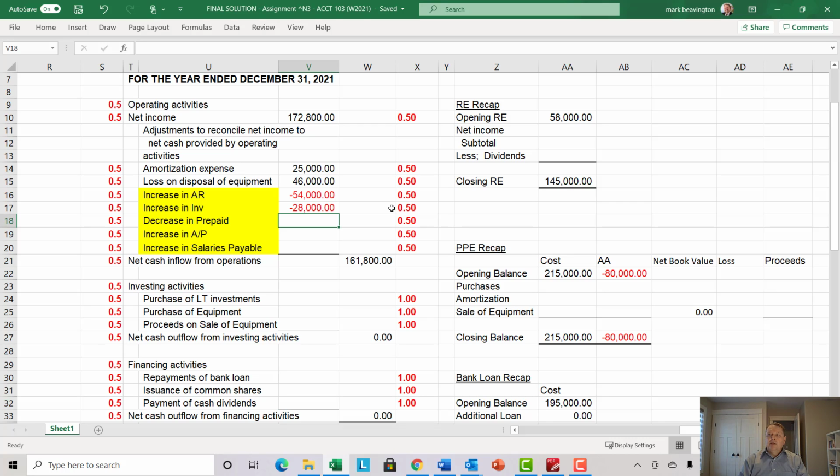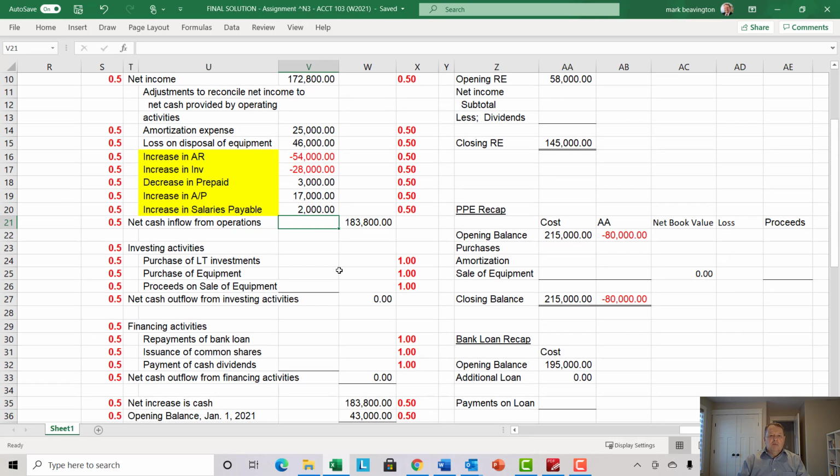We've seen a decrease in prepaid expenses, so that will create $3,000 worth of cash. And the increase in AP will also increase the cash by 17,000, and the increase in salaries payable should increase it by 2,000. So we should end up with net cash inflow, important to say inflow, from operations of $183,800.